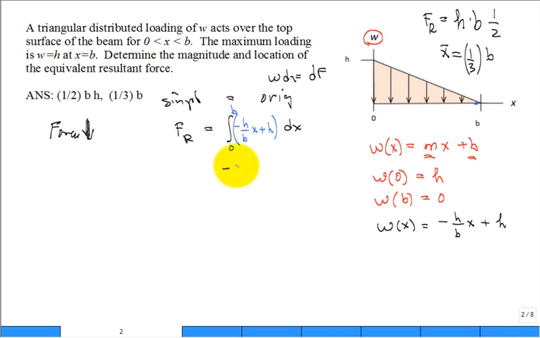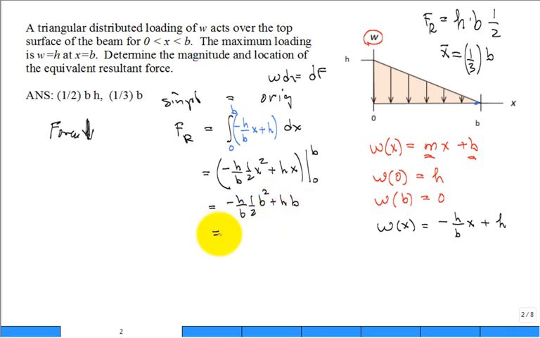So we have negative h over b times 1/2 x squared plus h times x, all of that evaluated 0 to b. So it's going to have negative h over b times 1/2 b squared plus hb minus 0.